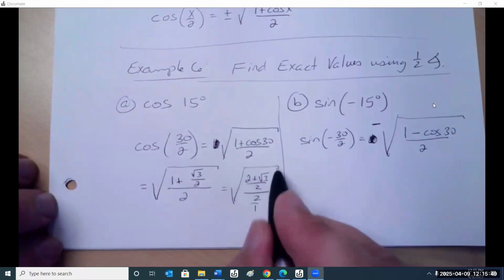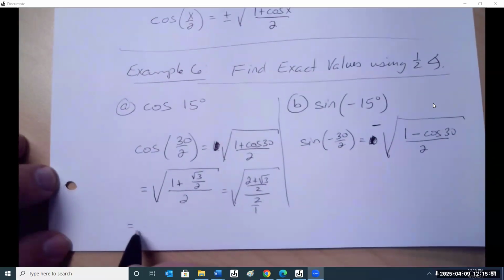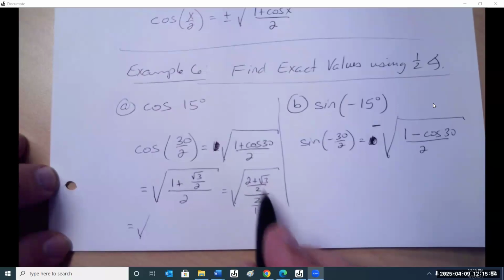It's a complex fraction, a fraction over a fraction, so take the top fraction and flip the bottom.